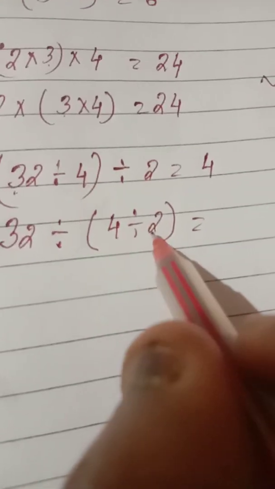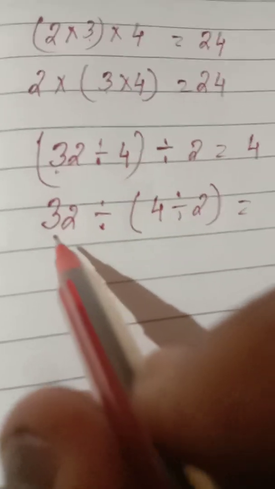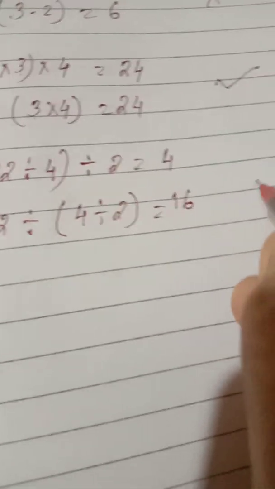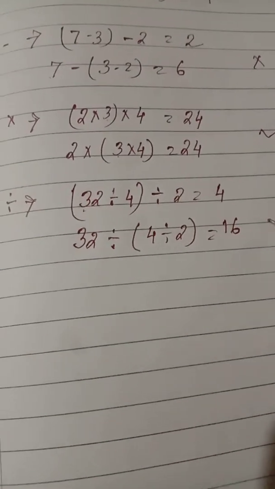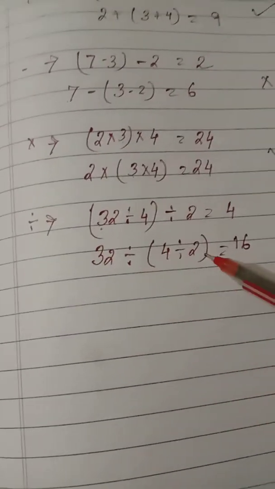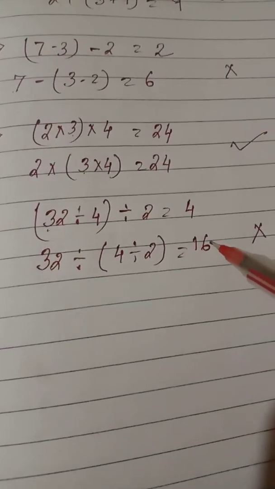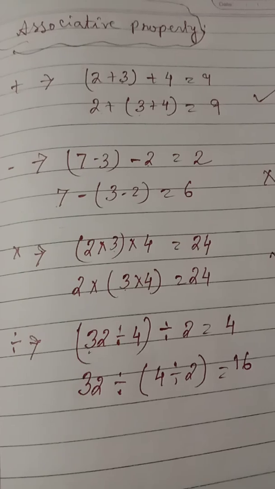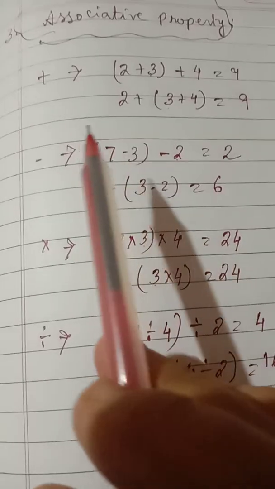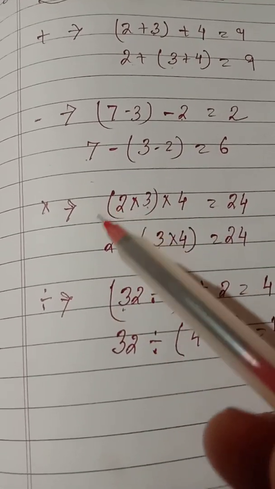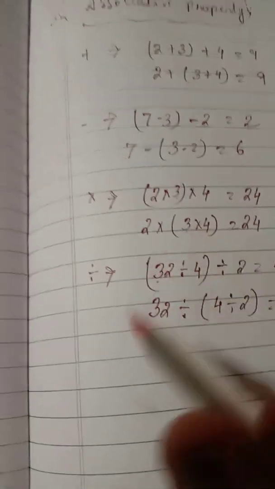So 4 divided by 2, I will get 2, and 32 divided by 2, the answer will come 16. So both the answers are not the same. So we cannot regroup the digits. That's why in case of division, the associative property is not applicable. So the associative property is applicable for addition and multiplication and not applicable for division and subtraction.